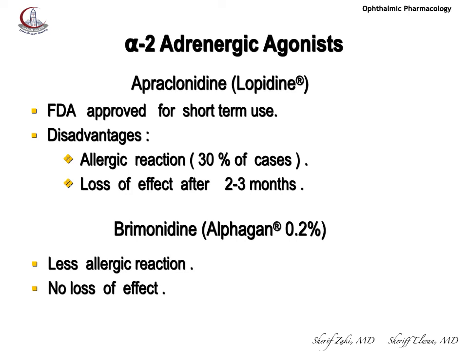Apraclonidine is FDA approved for short-term use only, and has the disadvantage of allergic reaction in 30% of cases, which is quite a big portion, and it loses its effect after 2 to 3 months of use. Brimonidine has less allergic reaction and does not lose its effect with prolonged use.